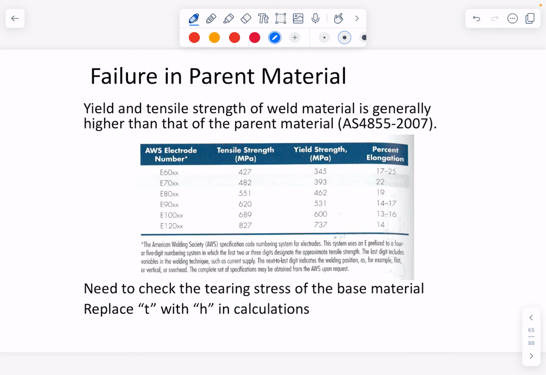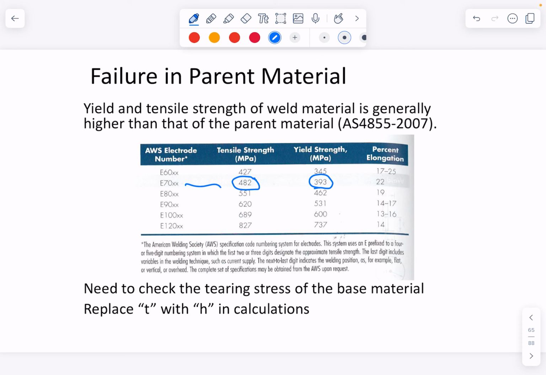So far all we've talked about is breaking the welds. But you can also have the problem where you rip the weld off the parent material basically. So your welding rods, and again I mentioned E70, yield strength 393, tensile strength 482.